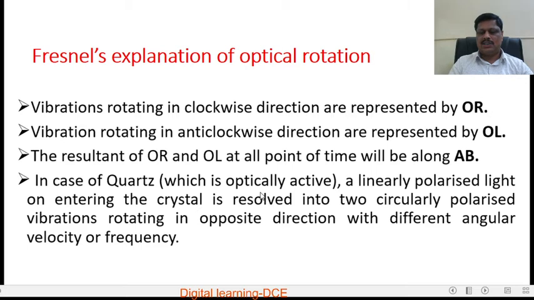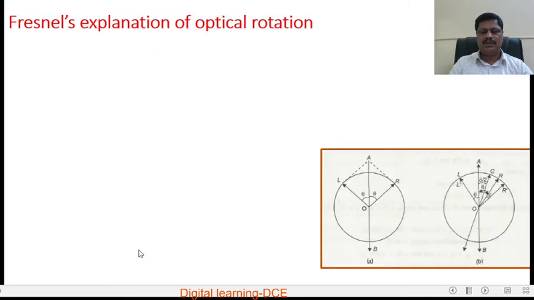In case of quartz, which is optically active, whereas calcite is optically inactive, linearly polarized light on entering the crystal is resolved into two circularly polarized vibrations rotating in opposite directions with different angular velocity or frequency. In calcite crystal, they rotate with the same frequency and angular velocity. But in the case of quartz, the two circularly polarized vibrations rotate in opposite directions with different angular velocity or frequency.